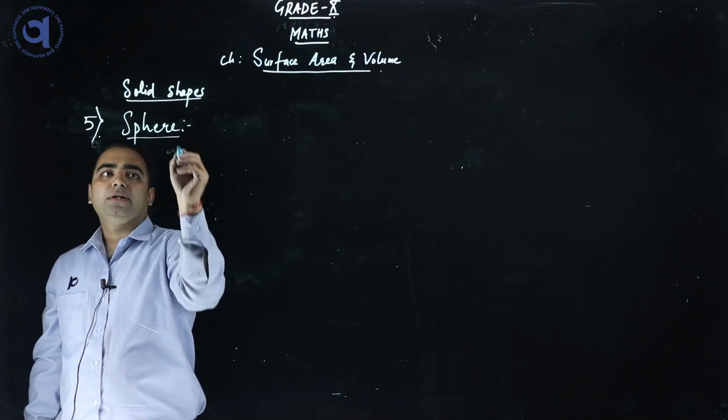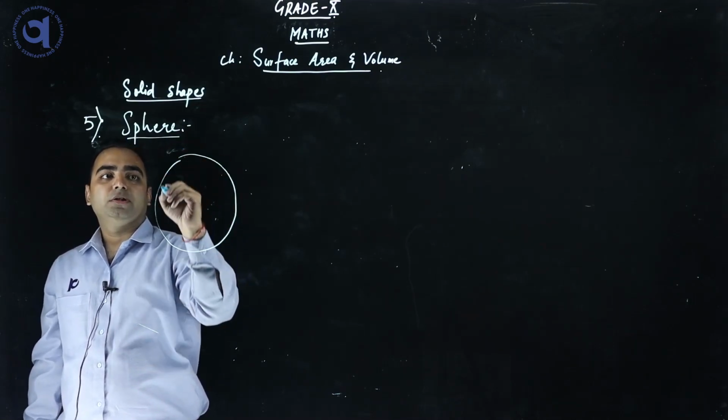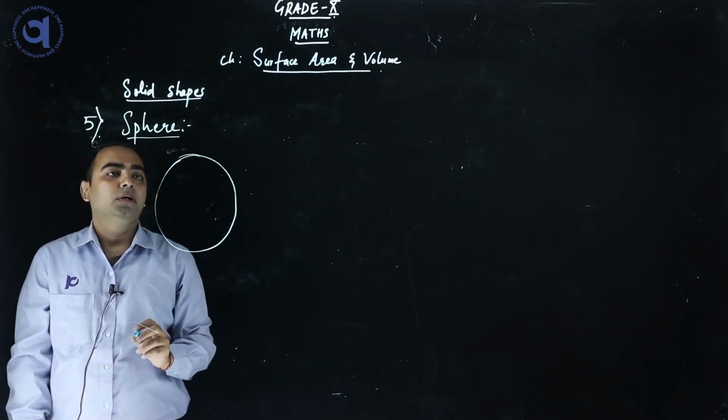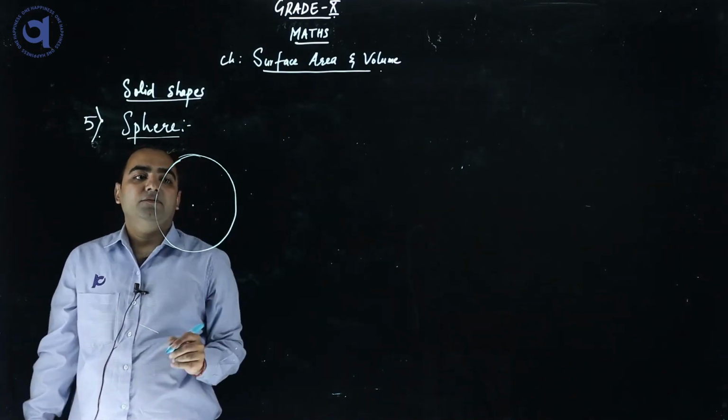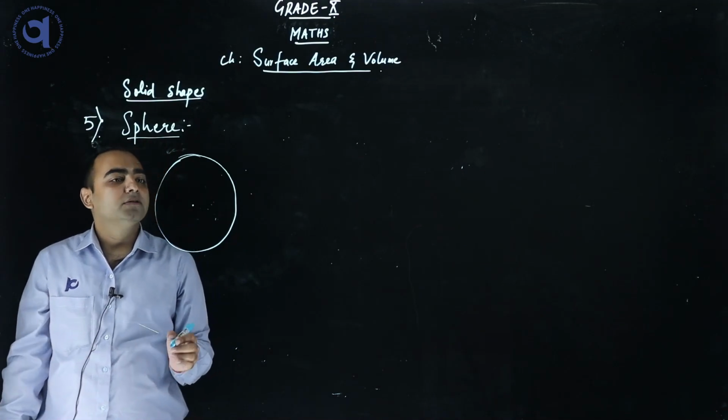Sphere is somewhat looking like a circle, but actually it is not a circle, because a circle is a plane figure and a sphere is a solid figure. As you can see, an example of a sphere is a football.